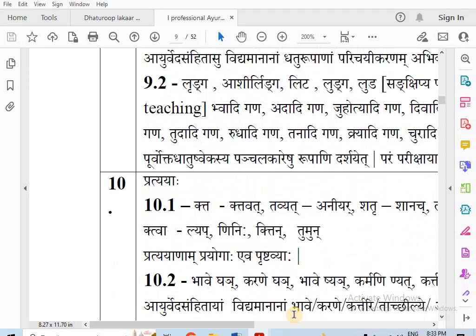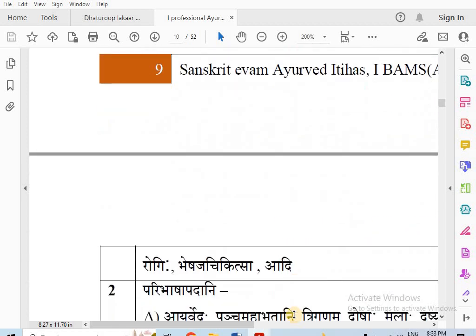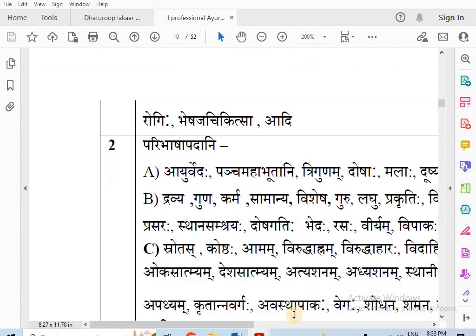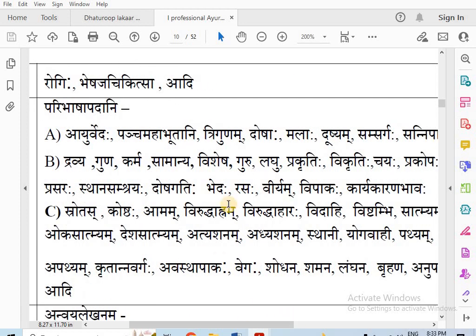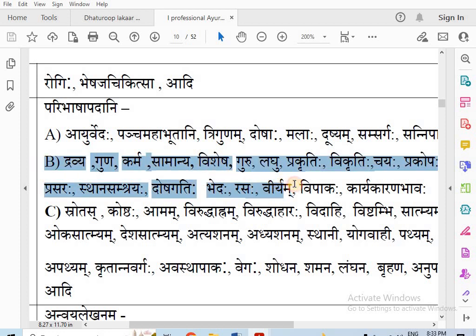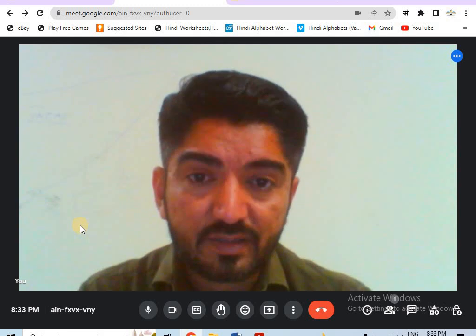Let me show you in paper 2, topic number 2, paribhasha padani, that we will see in part B. Because part A was in term 1, part B for term 2. These all words paribhasha we will understand. So that is our planning for the next lecture.